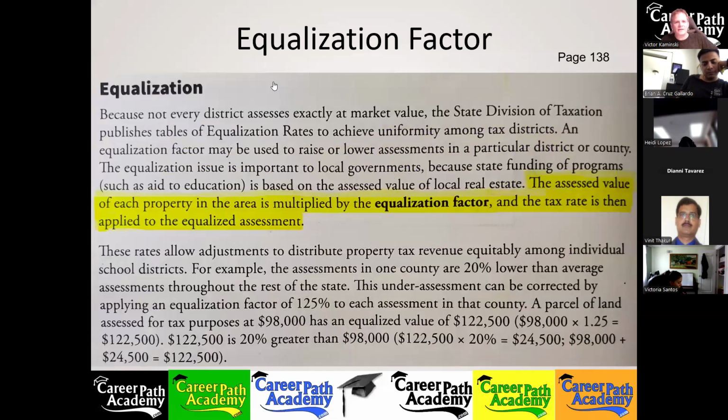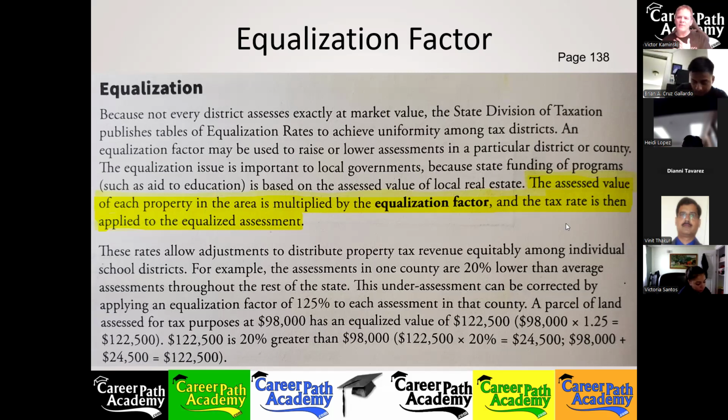All right. There's an equalization factor to make sure that each county pays their fair share and that some others may pay a lesser amount, to make sure that the richer counties and the poorer counties are all paying their fair share on par. There's something called an equalization factor that they figure into it.